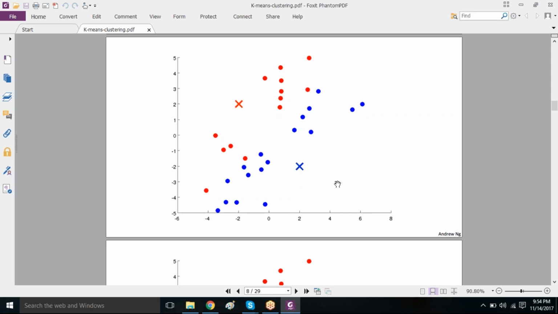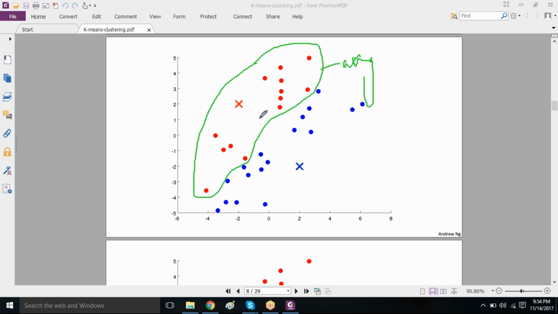Now, as you can see here, there are these red points which belong to the red centroid, the red cross. In the second step, what happens? You will take an average of all the red points. And the average, whatever comes, let's say it comes here.